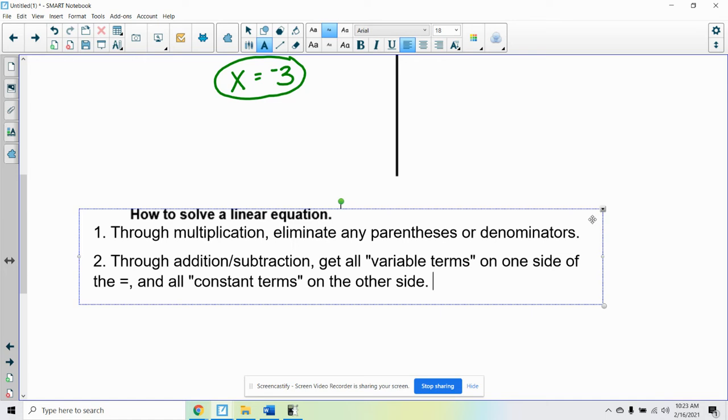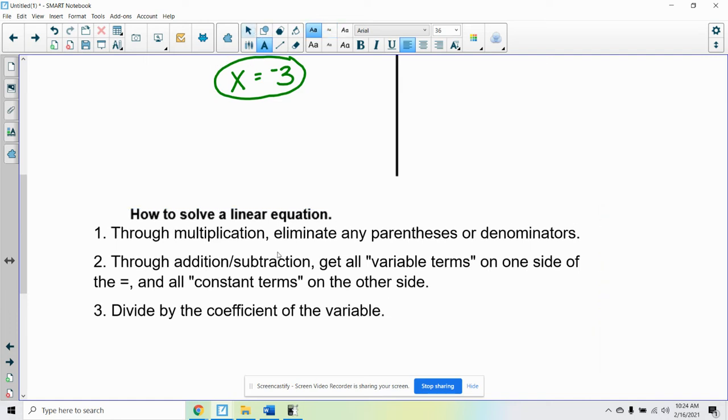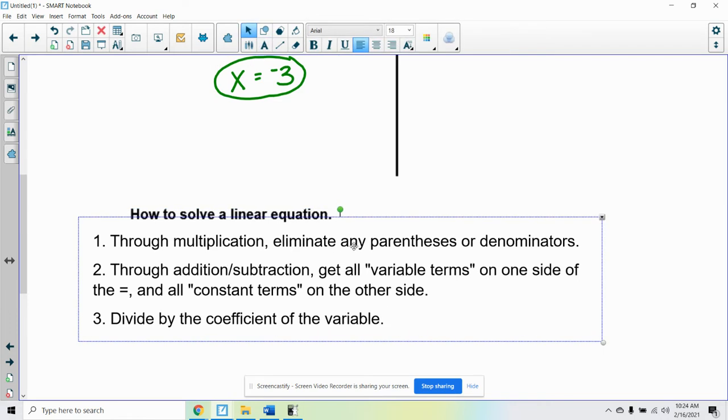Doesn't matter which side you put what on, variables on the left, variables on the right. I tend to put variables on the left, it just looks better, but that's not how you have to do it. And your last step is always going to be divide by the coefficient of the variable. Those are the only 3 steps we're going to do. Okay, pretty straightforward stuff.